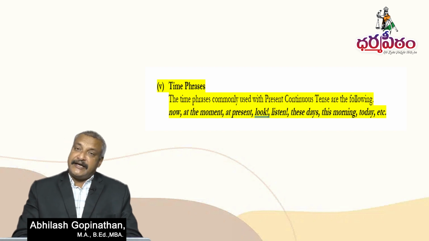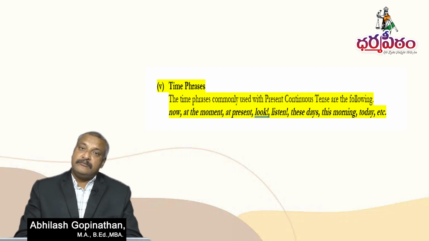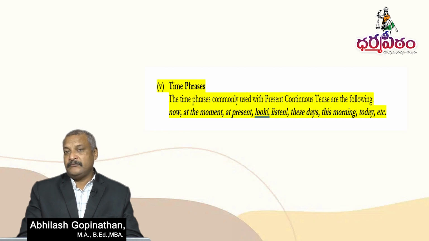Now, what are the time phrases that we can use with present continuous tense? If we check the examples, all the examples that we have been going through in the previous situations where we use present continuous tense, we can find words like now, at the moment, at present, these days, this morning, today, tomorrow, right?